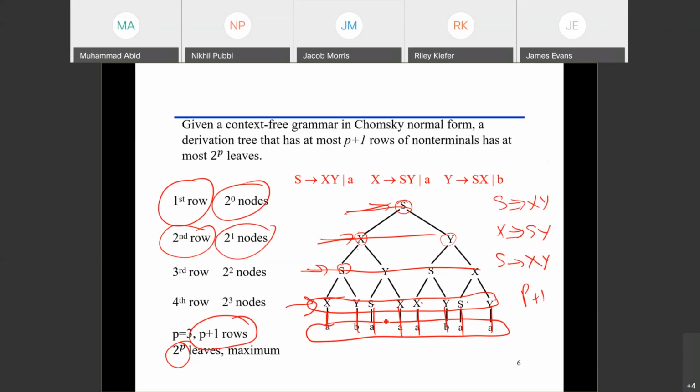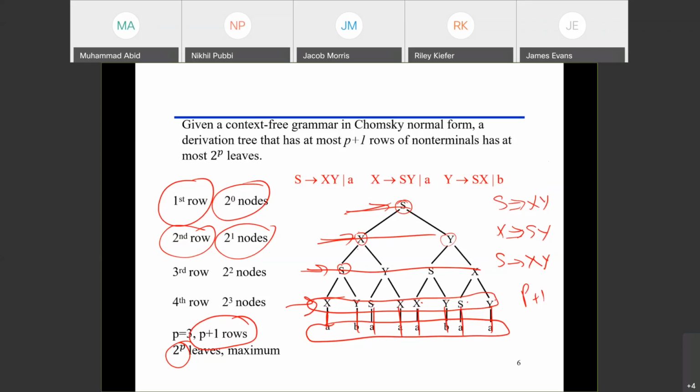So this is basically, we are predicting what will be the maximum size of the word you can generate if you convert your grammar into a binary tree, how many rows you have, and what is the impact of the number of rows with the live productions on the size of the word. This is what we are saying.